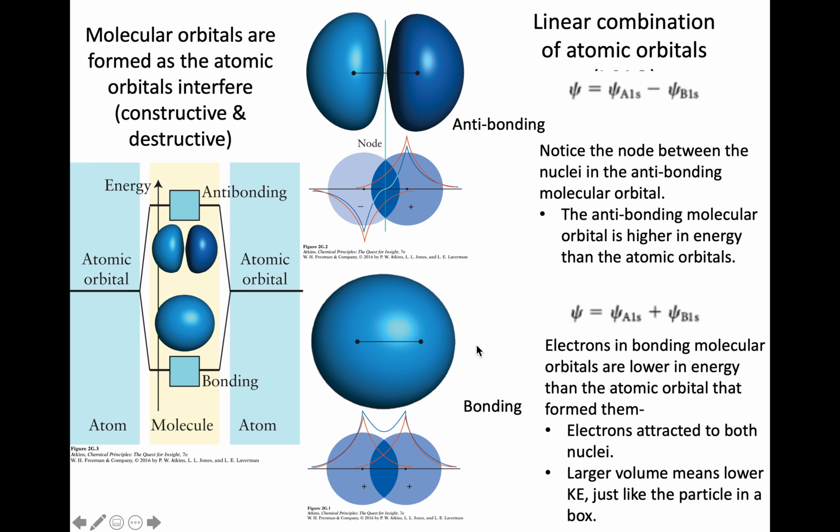What did it mean to have attractions for an electron between both nuclei, and then also accounting for a decrease in the kinetic energy when the electron was now found in a larger volume? Or what does it mean to bring together the atomic orbitals and due to a node and forbidding electron density to be found in that bonding region, why did that lead to a raising of the potential energy?